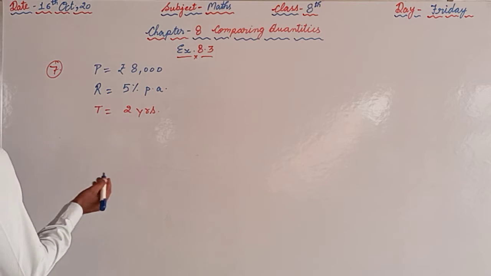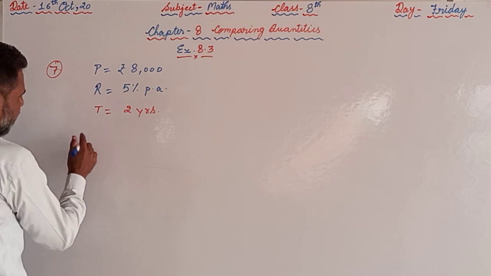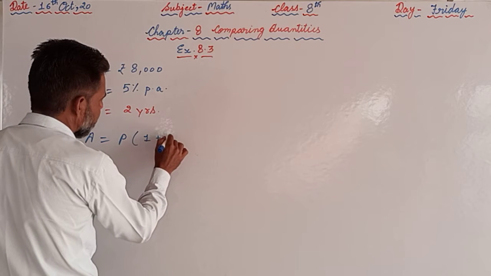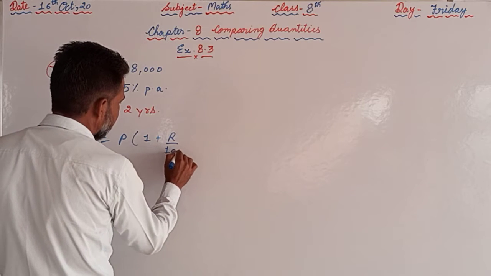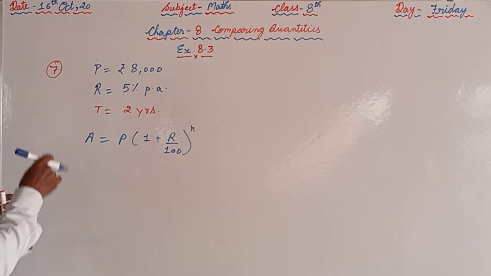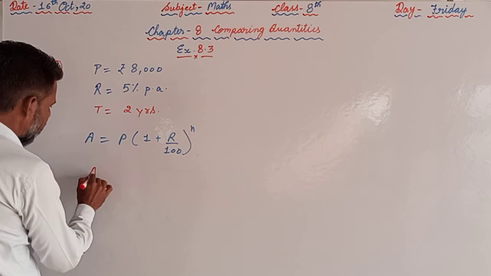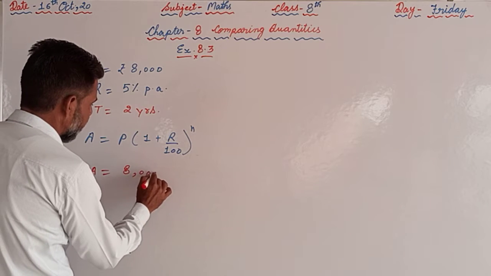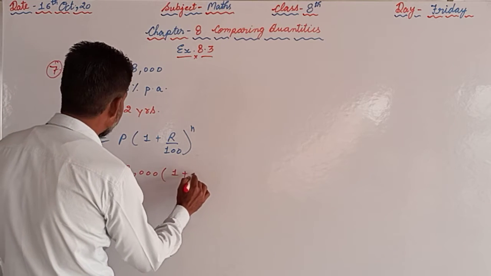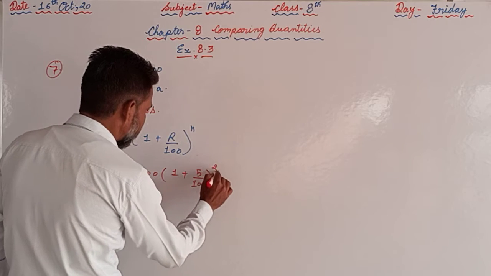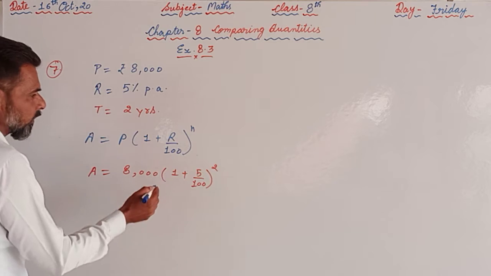For that we know the formula, that is amount is equal to principal into 1 plus r upon 100 raised to power n, where n is the time. So amount will be equal to principal, 8,000, and then 1 plus rate, 5 upon 100, raised to power 2, because time is 2 years.